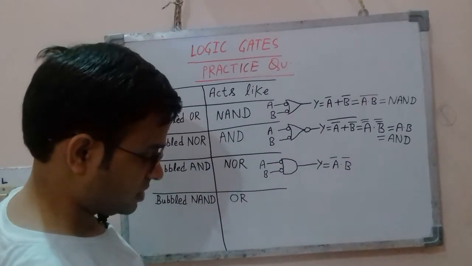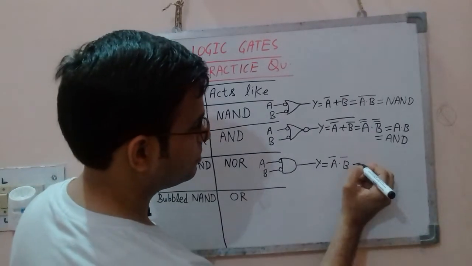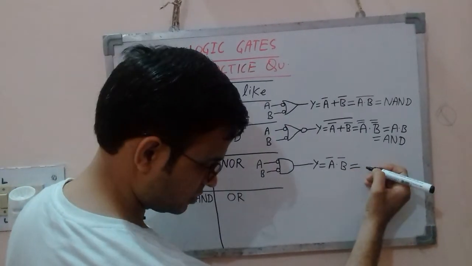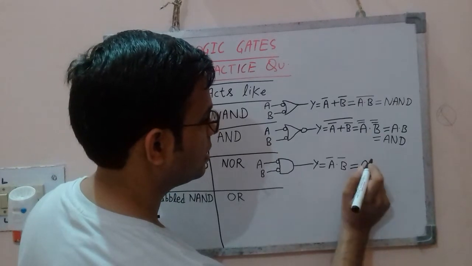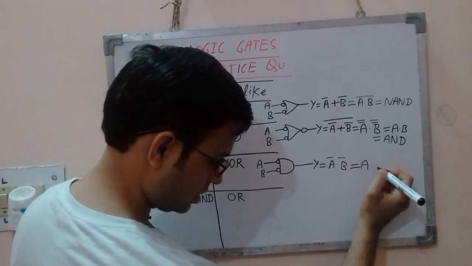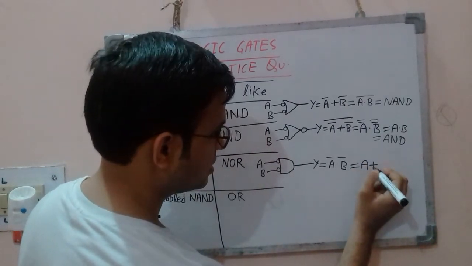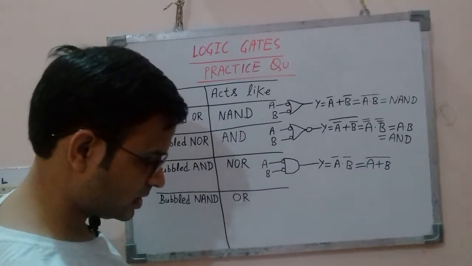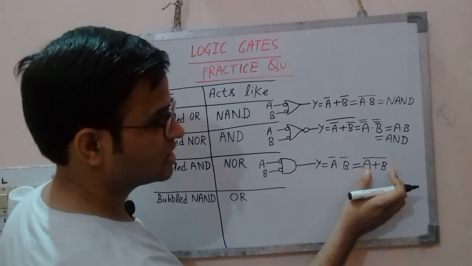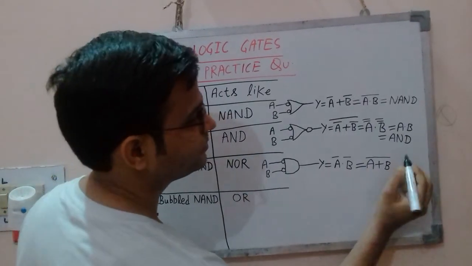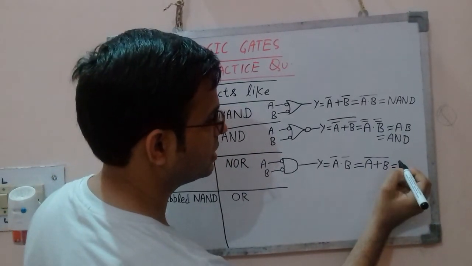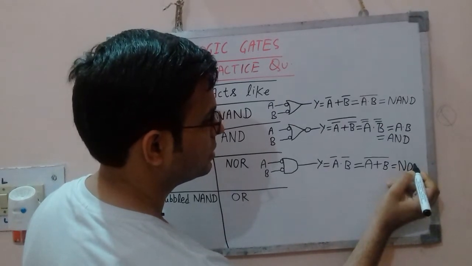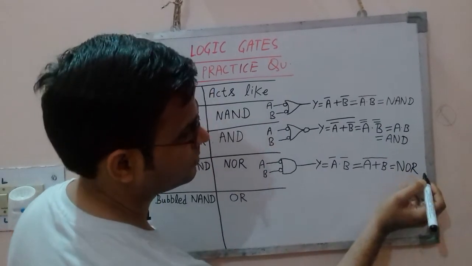right? Now apply De Morgan's theorem. A bar dot B bar is equivalent to what? A plus B whole bar, right? So this is nothing but the output of NOR gate. Is it clear or not?